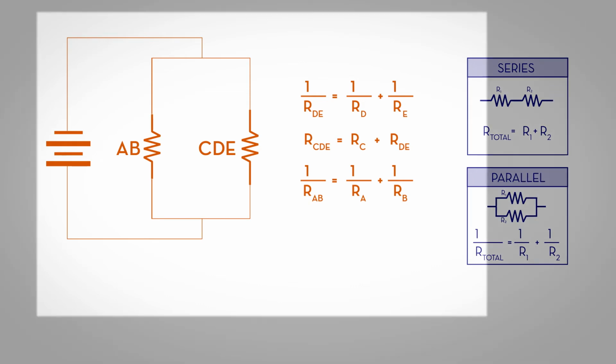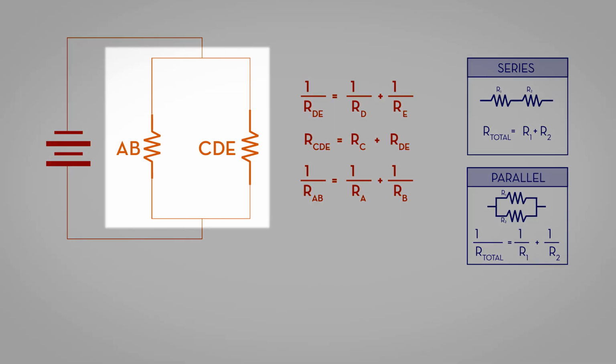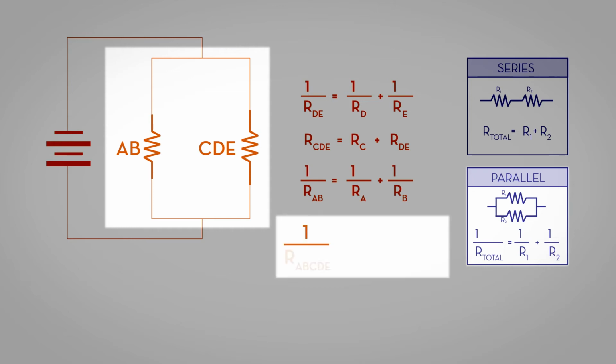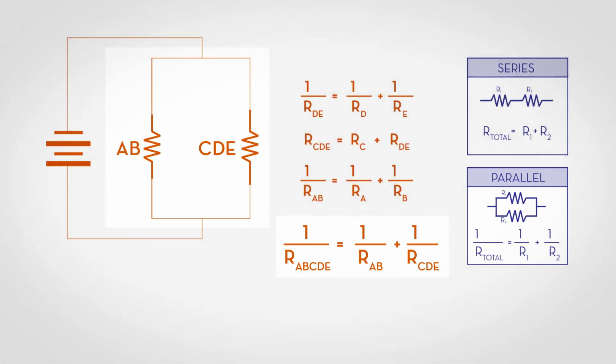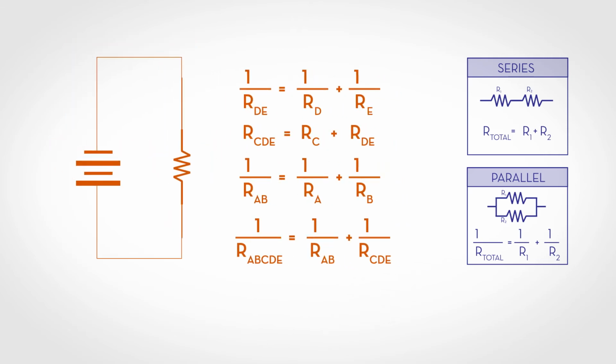Now I have just 2 resistors in the whole diagram. These 2 resistors are in parallel, so I can finally come up with the answer: 1 over RABCDE equals 1 over RAB plus 1 over RCDE. And using that, I can find the equivalent resistance of the whole network.